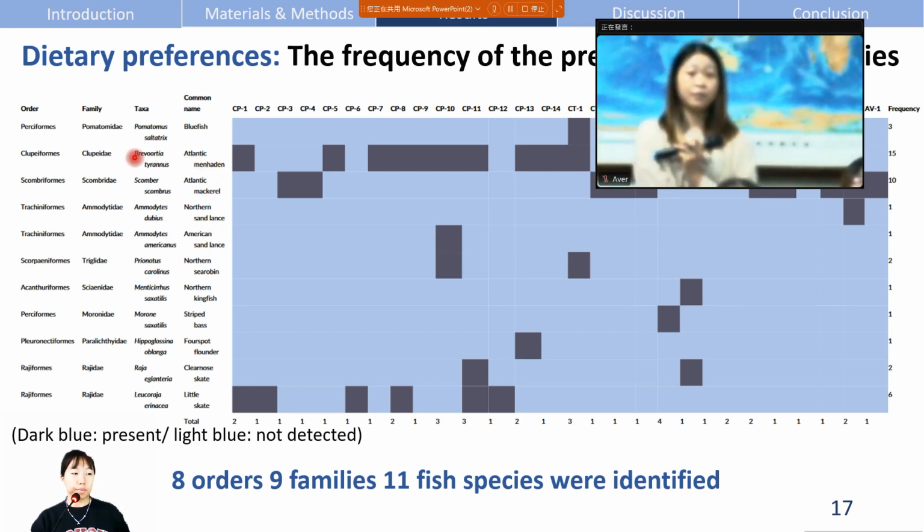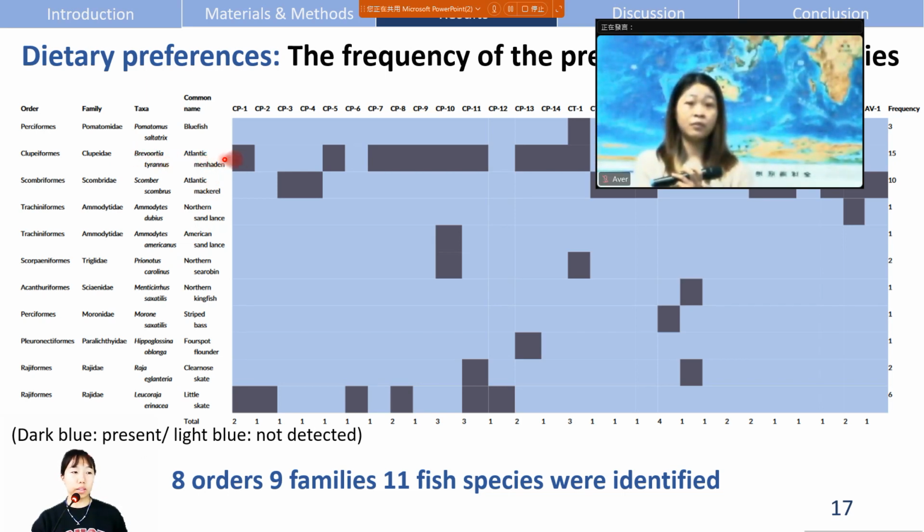So the dark blue means this prey is present in this sample, and the rows are different samples of the sharks. So for example, shark A eats this kind of prey, and shark B didn't eat this kind of prey. Okay, thank you.